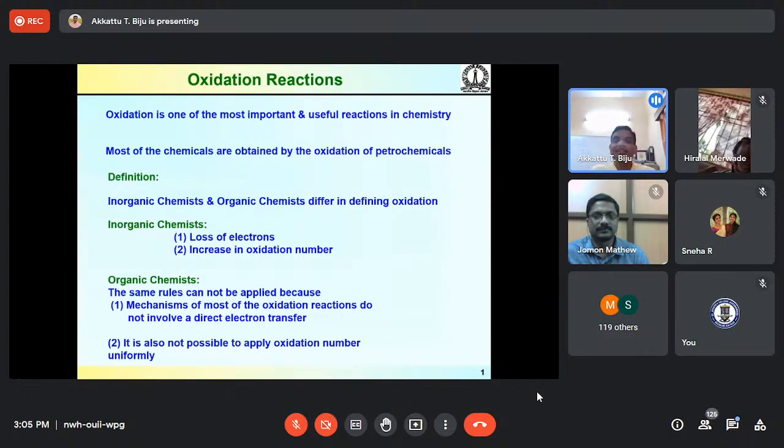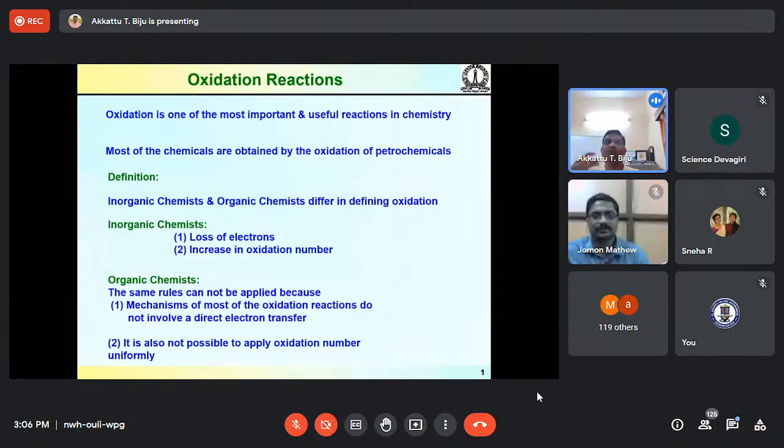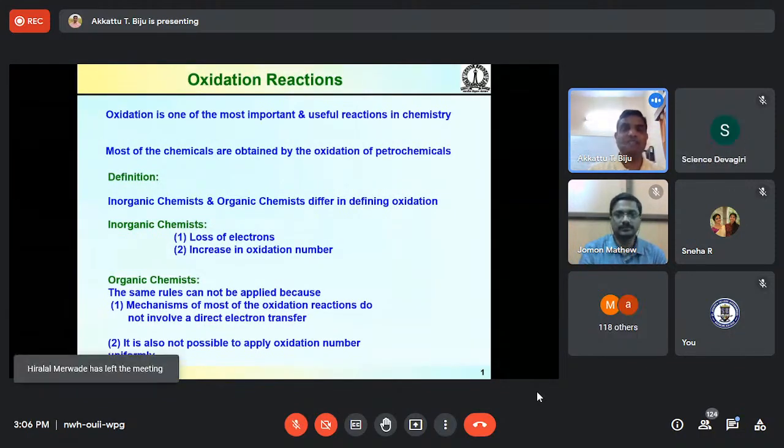And the reduction reactions are even more important because they convert an sp2-centered molecule to an sp3-centered molecule, thereby making a planar compound into a tetrahedral molecule, where you always have the possibility of creating a chiral center. And oxidation is just the opposite of this reaction.